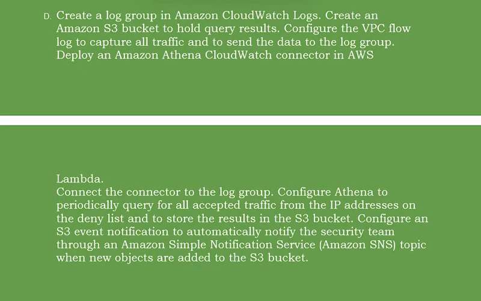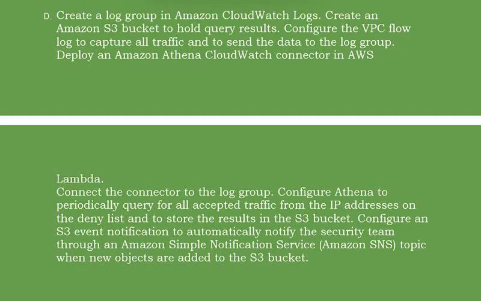Option D. Create a log group in Amazon CloudWatch Logs. Create an Amazon S3 bucket to hold query results. Configure the VPC flow log to capture all traffic and to send the data to the log group. Deploy an Amazon Athena CloudWatch connector in AWS Lambda. Connect the connector to the log group.